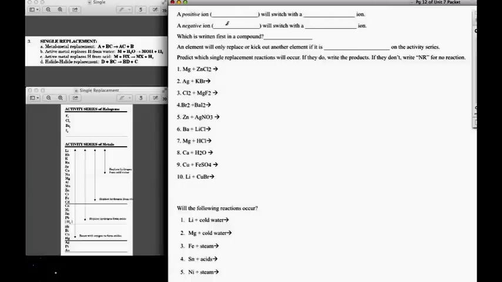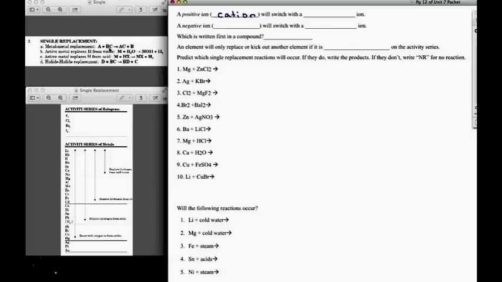First of all, a positive ion, which we also call a cation, is always going to switch with, well, let's look at this. If you have a positive and a negative here, if A is positively charged, the only thing it can replace is another positive charge, because C has to be a negative anion, right?